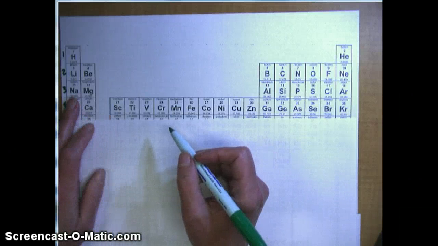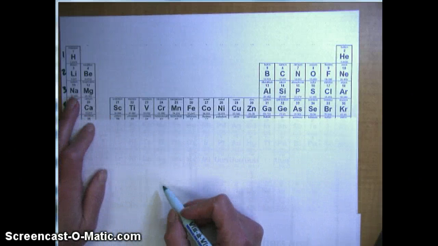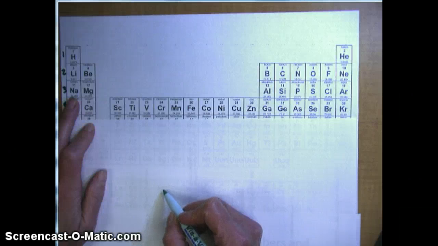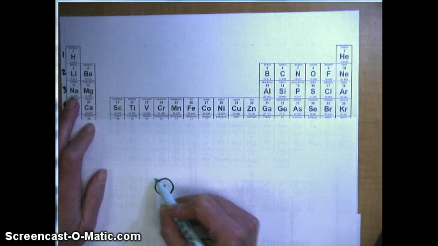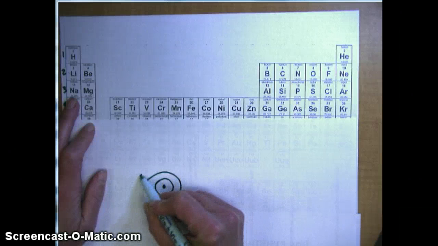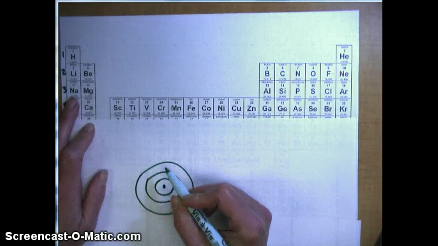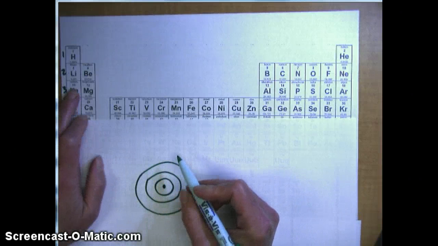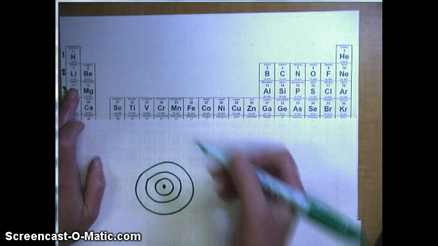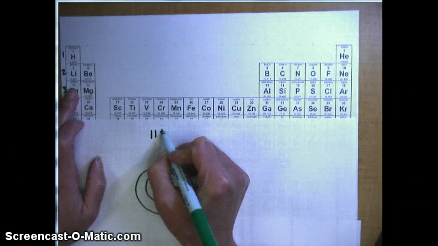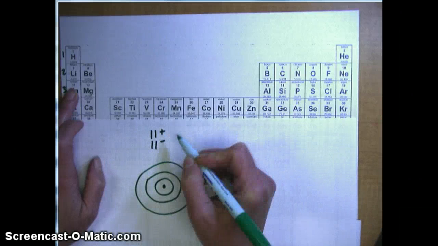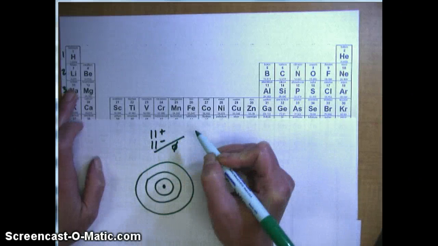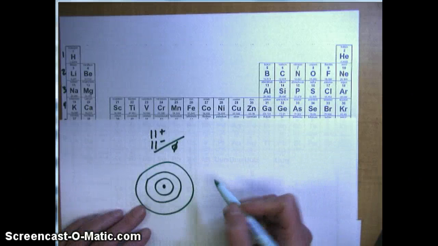So sodium is on the third row or period, so it would have 3 energy levels outside of the nucleus. And those 3 energy levels would have a total of 11 electrons. So remember, the atomic number is the number of protons, so we have 11 protons. We would also have 11 electrons, so that the whole thing would be neutral or electrically neutral.